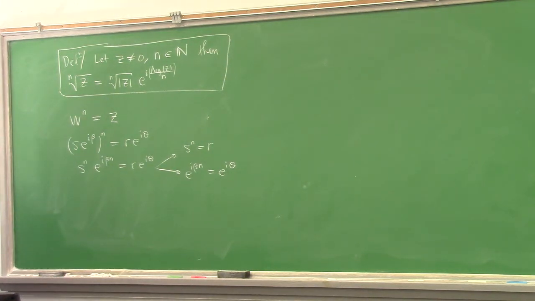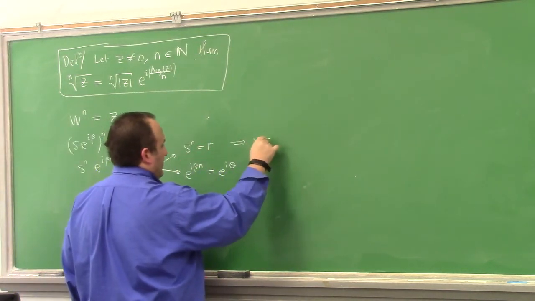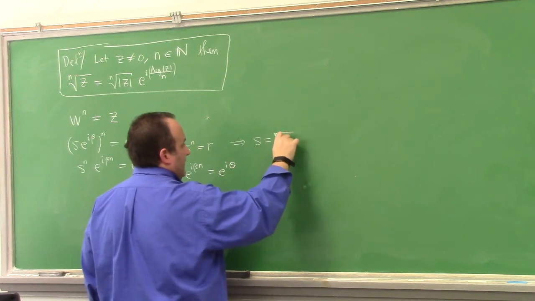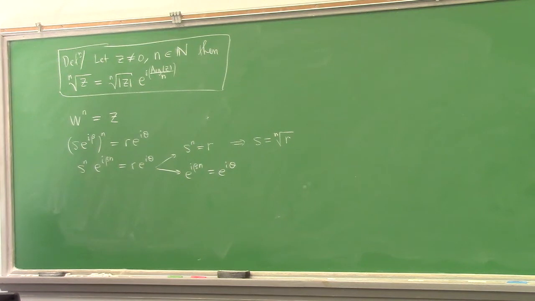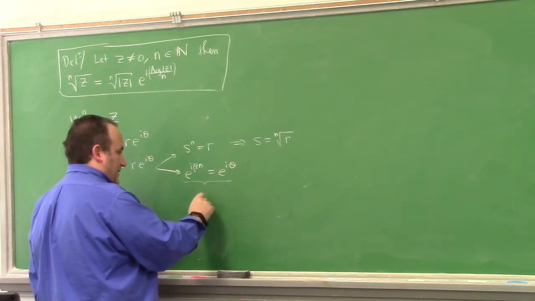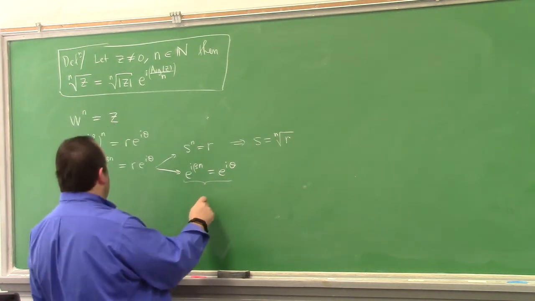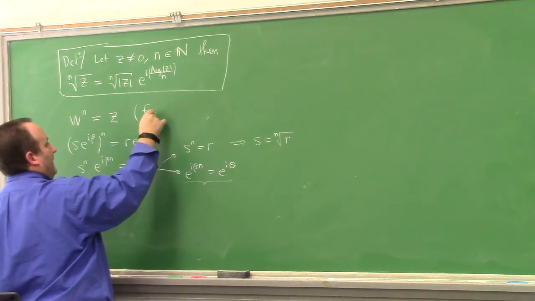So what does this tell us? This tells us that s is the nth root of r, right? And this is ordinary garden variety real nth root, because r is a positive quantity, it's the modulus of z. But what does the second equation tell us? I'm trying to find such w.